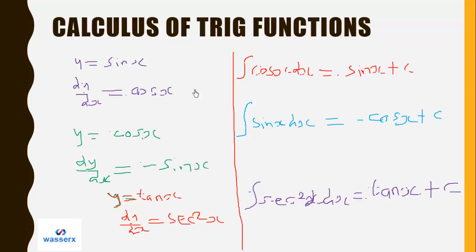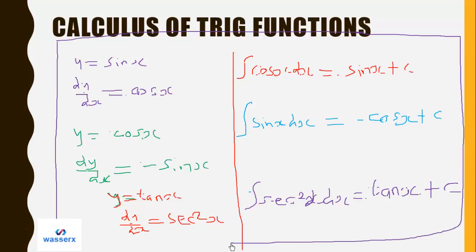So in short, we use these techniques: the u substitution, the trapezoidal rule in some cases, and the trig functions. We use these to integrate some of the functions that cannot be integrated using the direct integration rule.